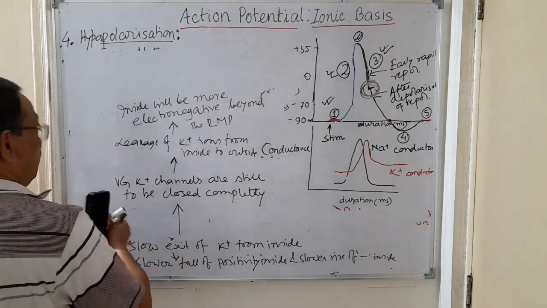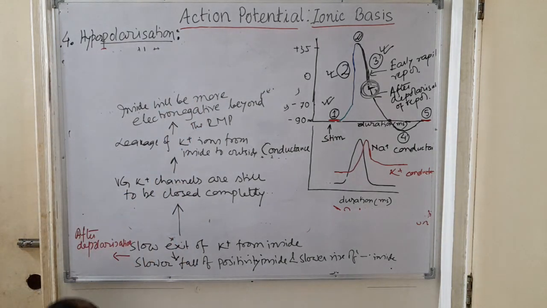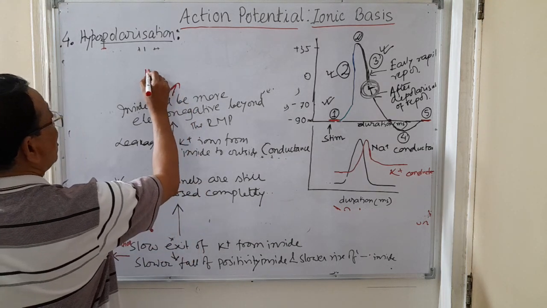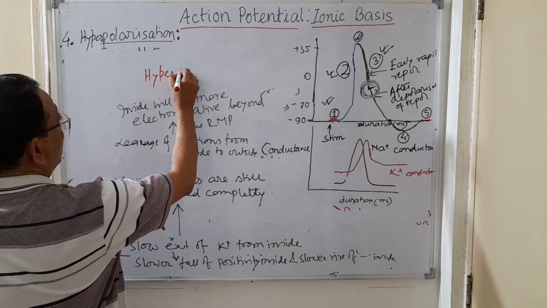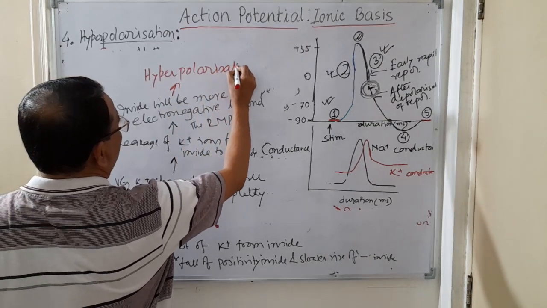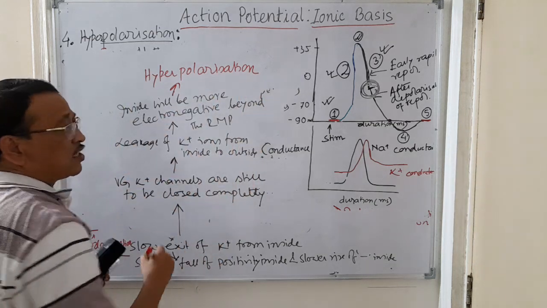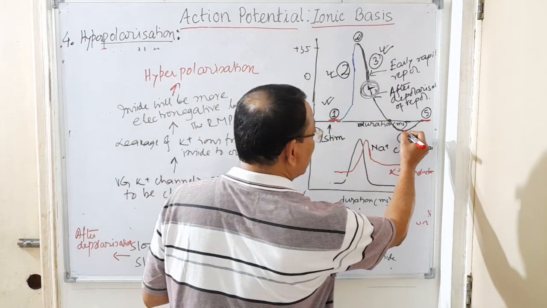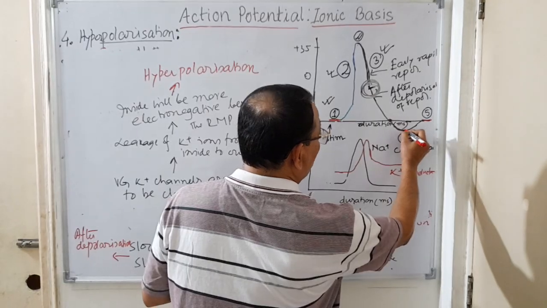So this is the phase which is known as the hyperpolarization. So this is the ionic basis or reason of the hyperpolarization. So at this particular moment, what's happened?